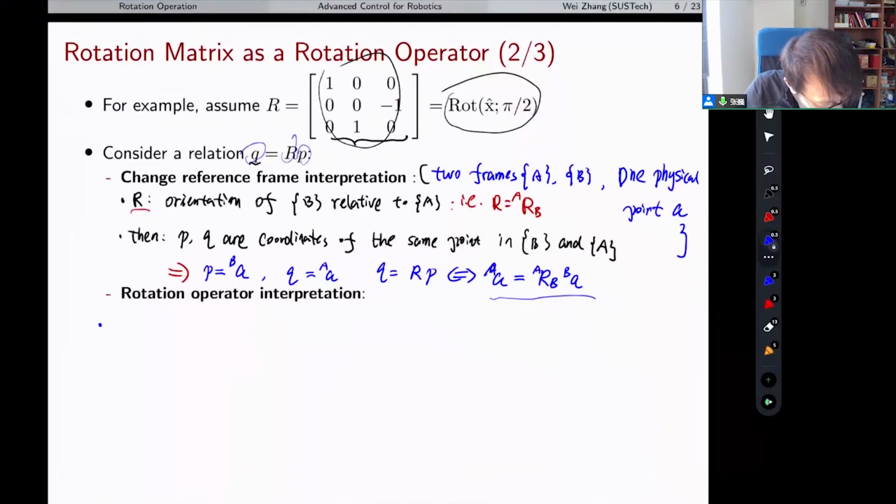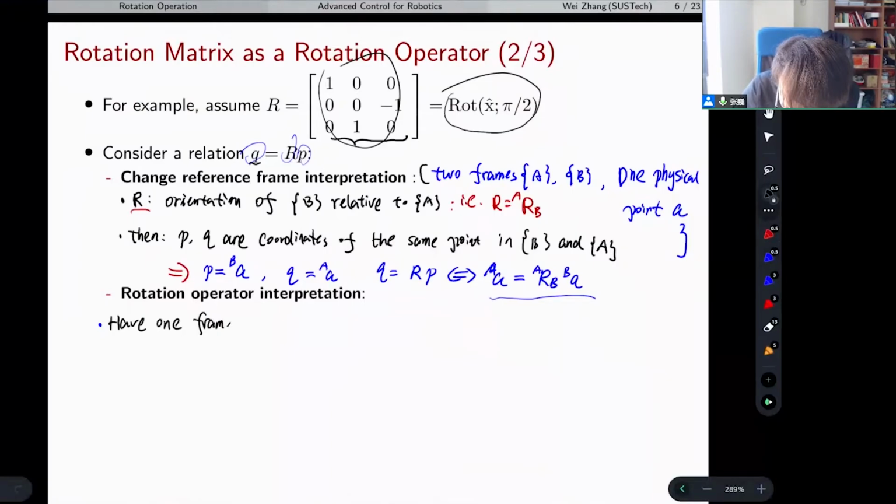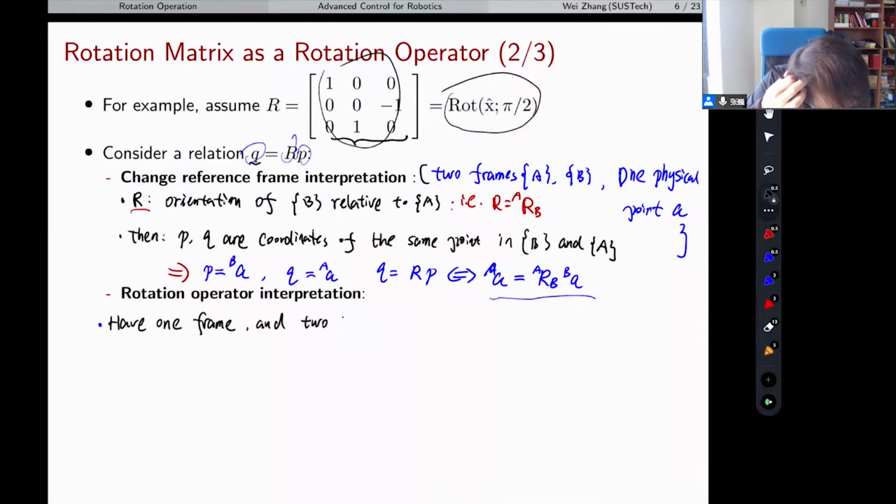Here, we only have 1 frame, and 2 points.